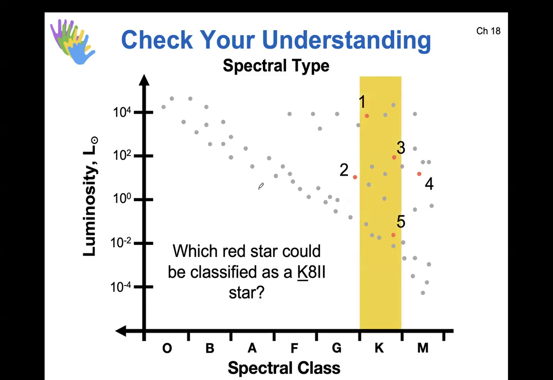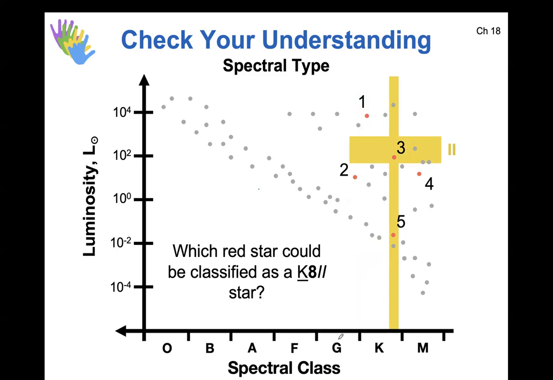And so here's K's. So in terms of K8s, basically it has to be 5 or 3. And the 5 is on the main sequence. So that would be a K8 5. So it's got to be 3. Right? Because that's the one that actually is a bright giant.